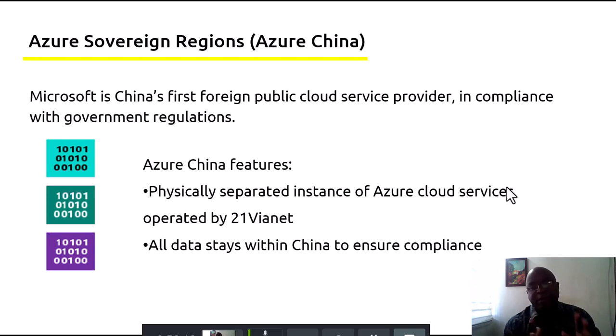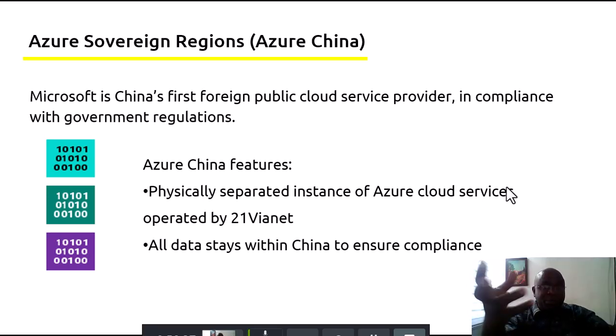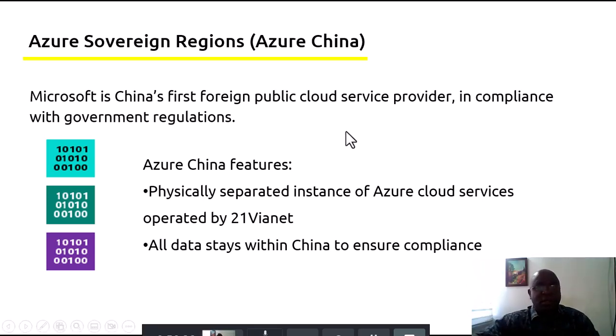This is very important because there's a law in China that says all data in China stays within China to ensure compliance. So Microsoft is very open. They do not want to break any local law, so they have created a region for Microsoft workload with regards to Chinese users.